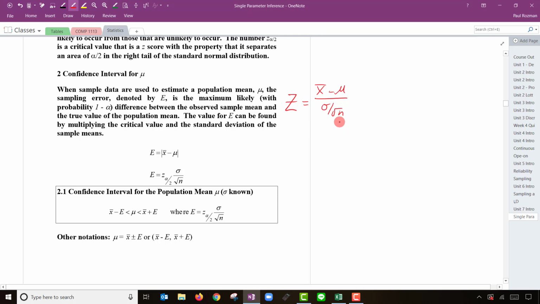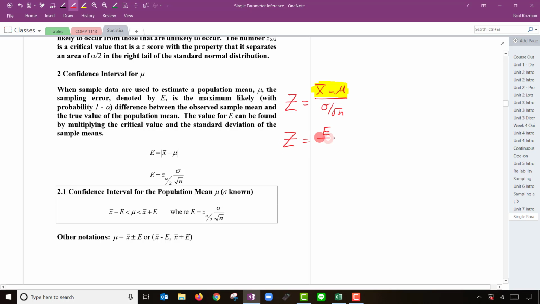Now, if you look at this equation, the numerator is basically error. It's the difference between what we calculated and the theoretical value for the entire population. So the numerator of our good old z-score formula is just error.